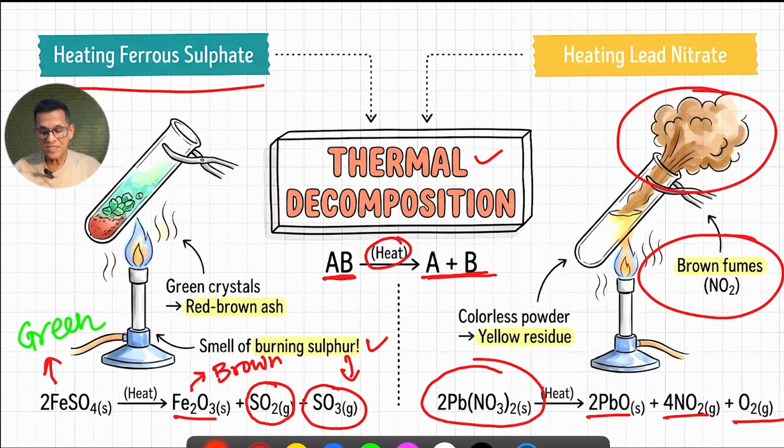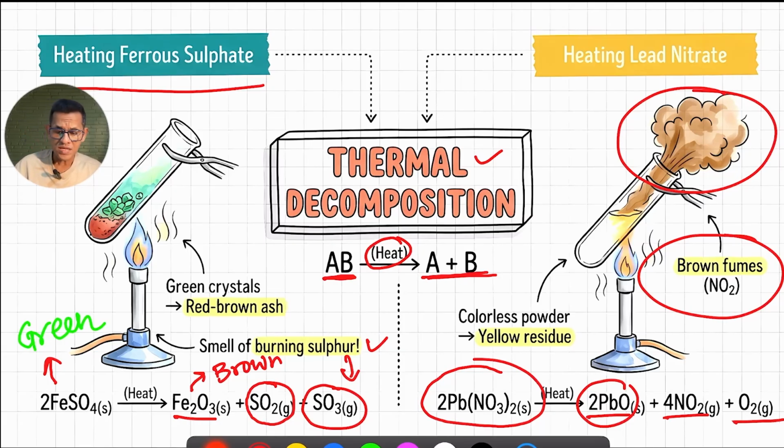So this is the main clue that you will get when lead nitrate is being heated. You will see this brown colored gas being released, and that will be nitrogen dioxide. The yellow residue that you will get will be lead oxide. So this is another example of thermal decomposition, wherein a substance is heated and it starts splitting into simpler substances.